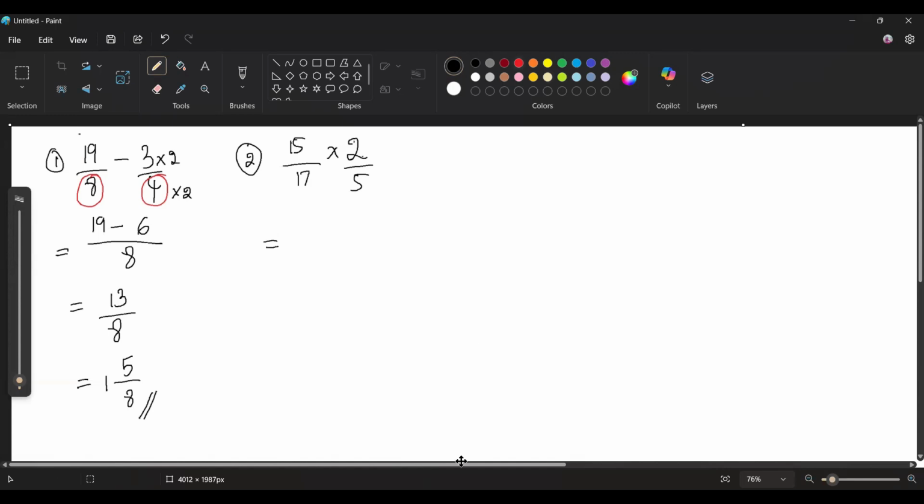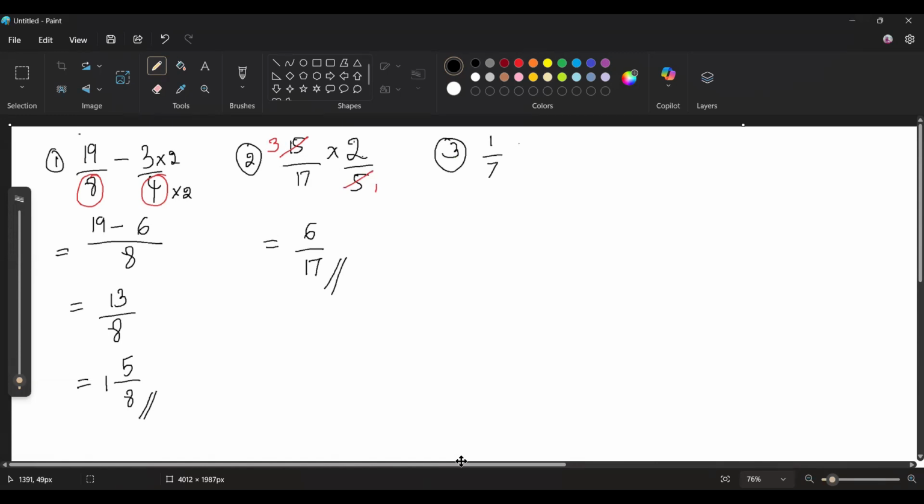You can cancel here. How many fives? There is 1, there are 3. Now you can multiply. Here 3 into 2 should be 6. 17 into 1, 17. Only that. 6 over 17. That's easy. Done.